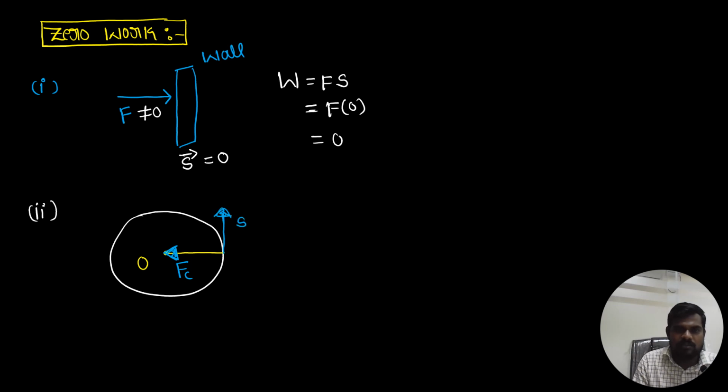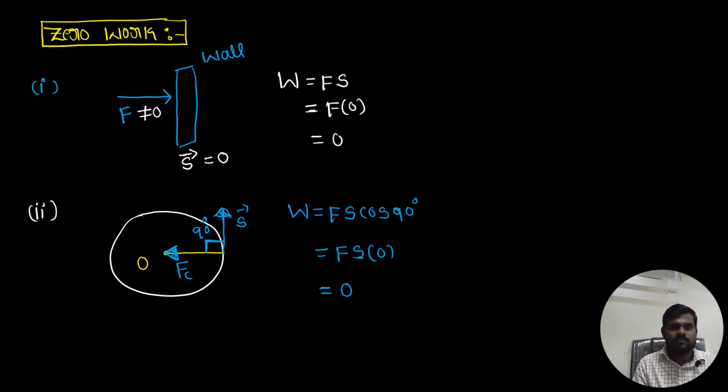This is the displacement. The angle between the displacement and centripetal force is 90 degrees. Then the formula is W is equal to Fs cos 90 degrees. Cos 90 is 0, so that is equal to 0.